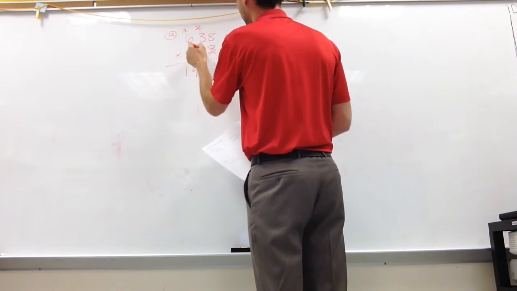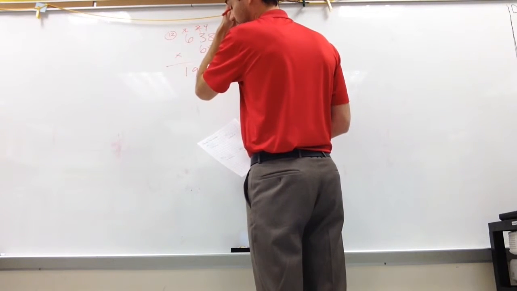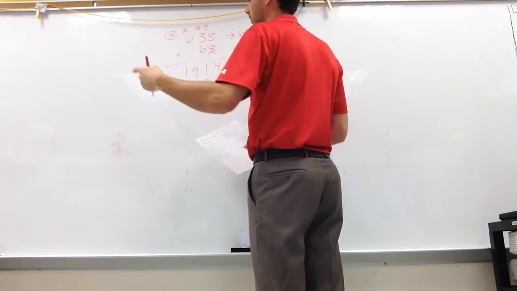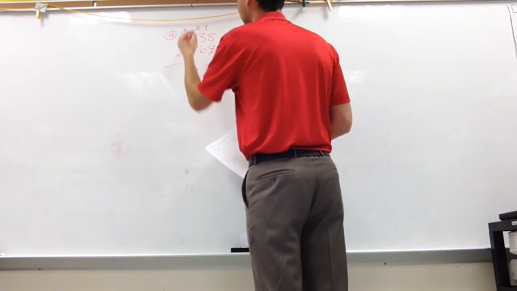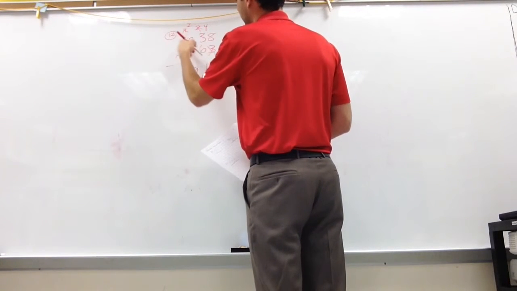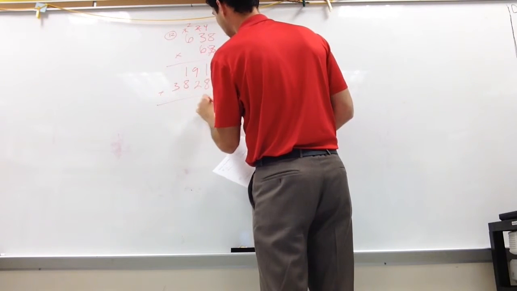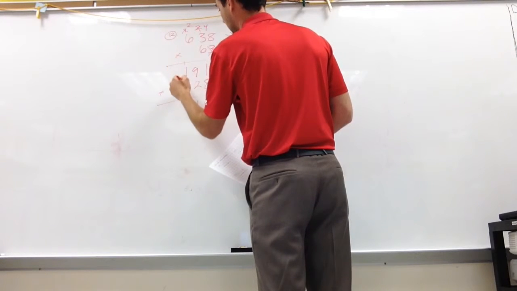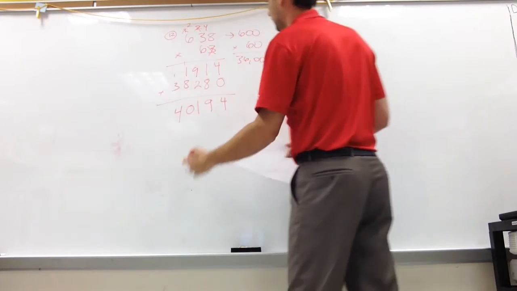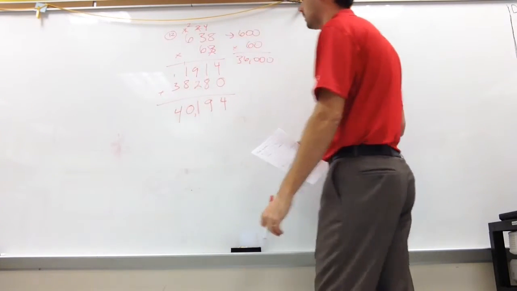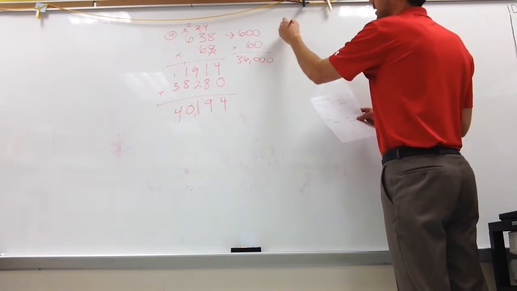Put my 0, 8, 4, 18, and 4, so 18, 19, 20, 21, 22, so you can do that in your head like that. Carry the 2, 36, 38, add them up. So 40,194.